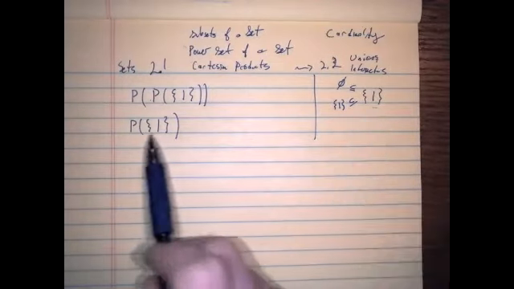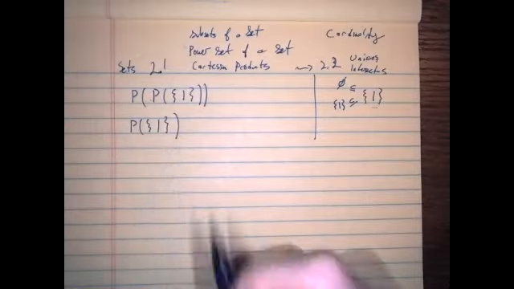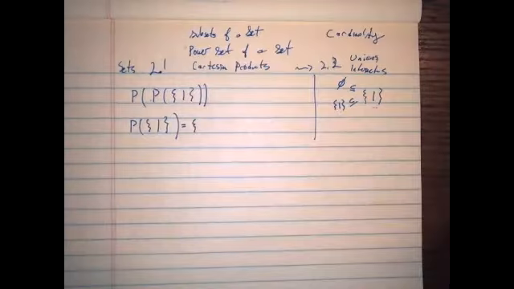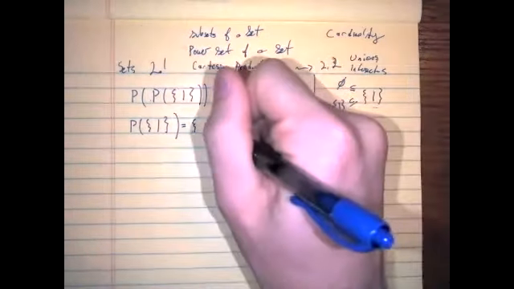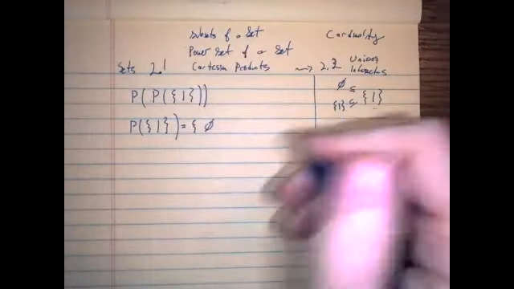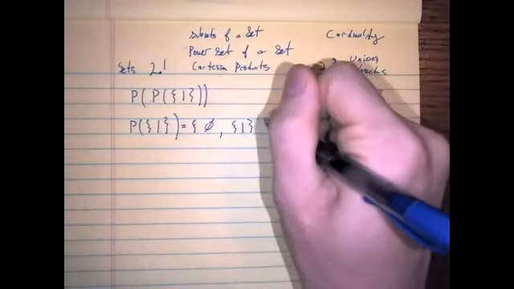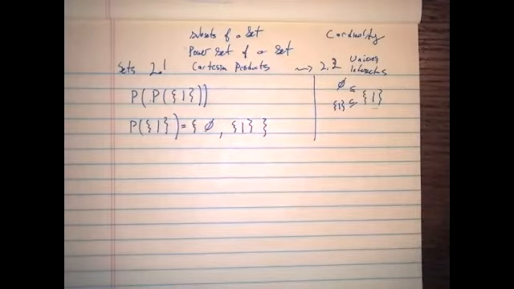So the power set of this set containing 1 is going to be a set whose elements are sets, and 1 element is the empty set, another element is the set containing 1. I think at this step, we're probably okay, right?